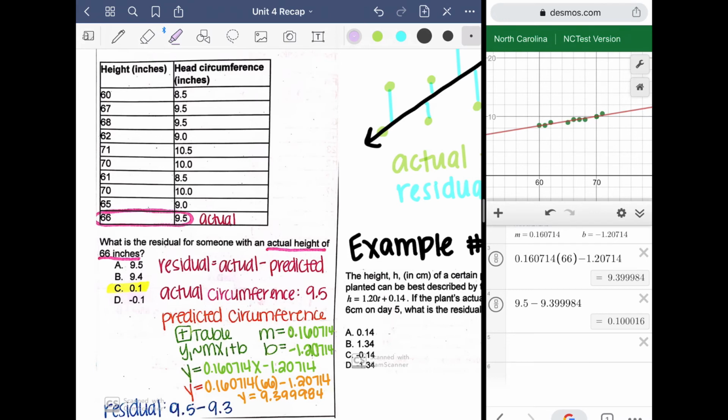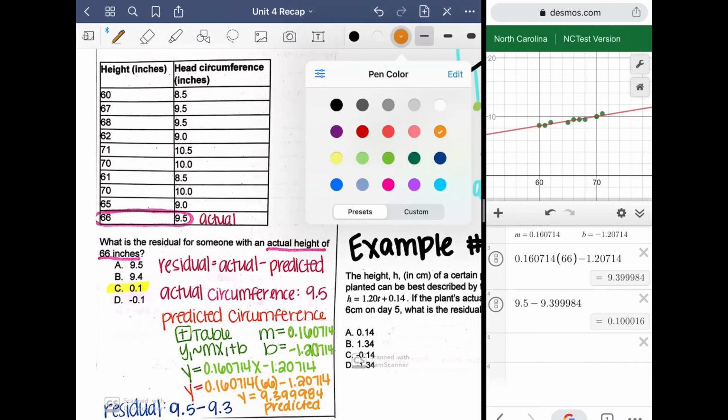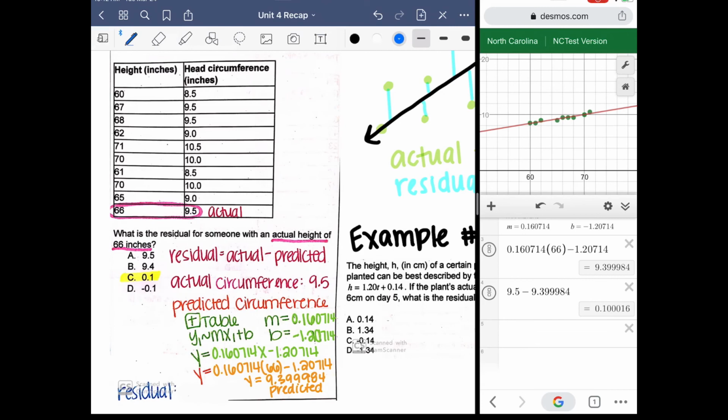Okay, so we are going to use this predicted y value, and we're going to subtract it from the actual y value. The residual is going to be equal to the actual y value, 9.5, minus the predicted, 9.399984.